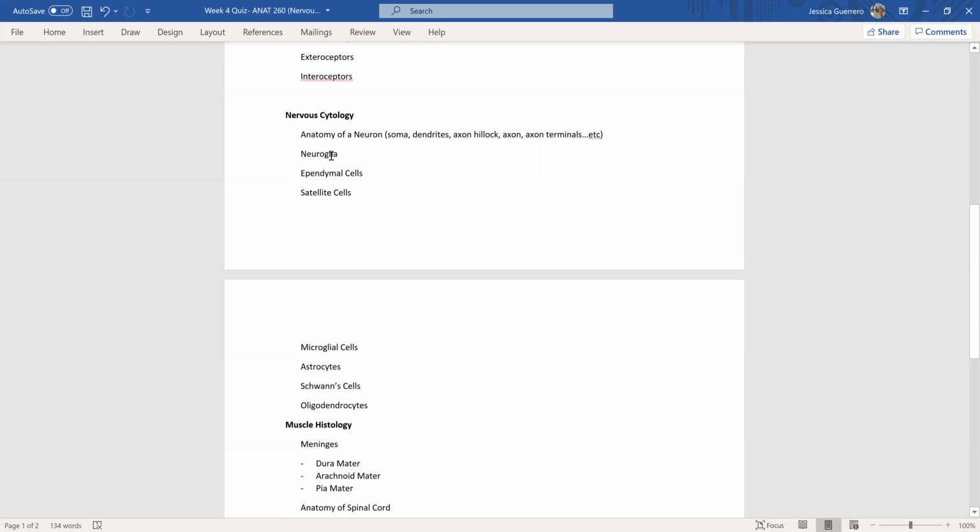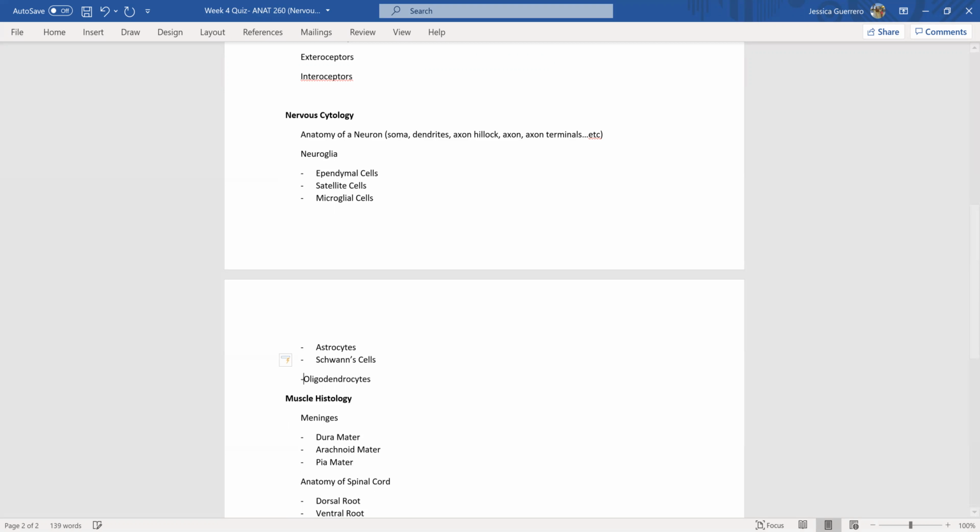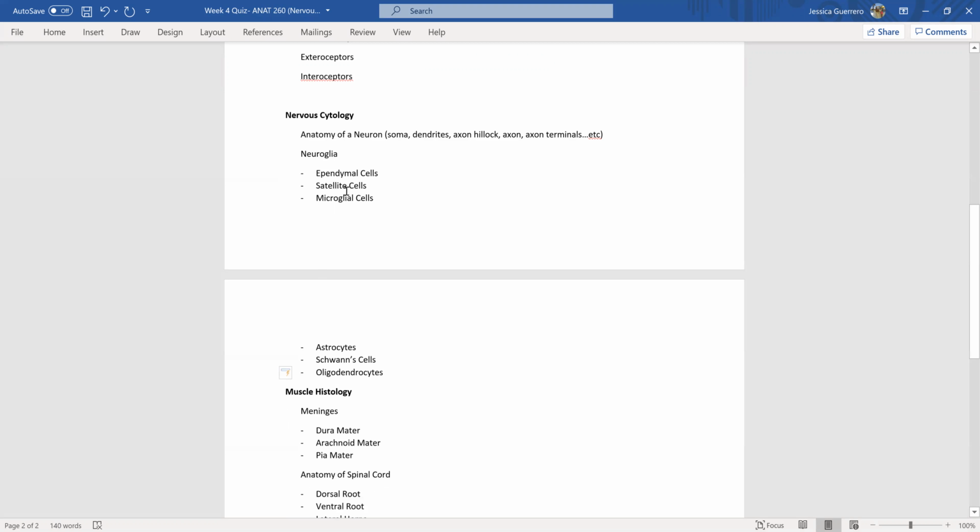Then there's the neuroglia. So there's only 2 types of cells in the nervous system. There's the neuron, and then there's neuroglia. And there are different types of neuroglia: the ependymal cells, satellite cells, microglial cells, astrocytes, Schwann cells, oligodendrocytes. So make sure you're familiar with that. And right now I feel like I'm missing one. I probably am, because I feel like there should be one more, but I'll think of it later, I'm sure.